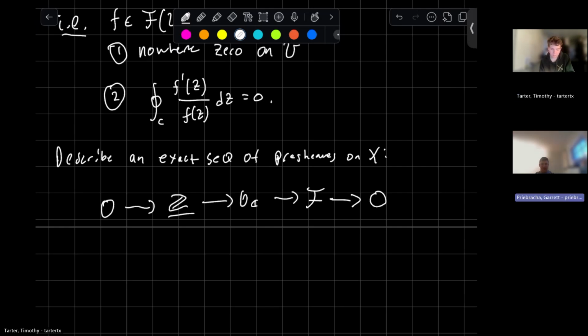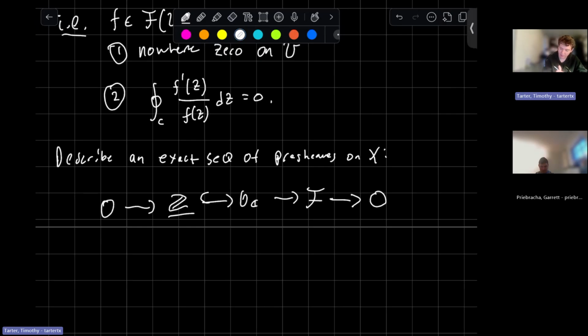What's the underlined Z mean again? This is the constant sheaf. Okay. And we showed that it wasn't actually a sheaf, it just gets called a sheaf. If it's locally constant, then it is a sheaf, but I don't think it's meant to be here.